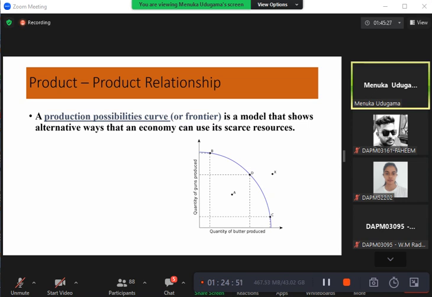When we learn this concept, we make certain assumptions. For example, we assume that the technology is fixed and does not change. We assume fixed resources, like a fixed amount of land, labor, capital, and so on, for a given period, right?